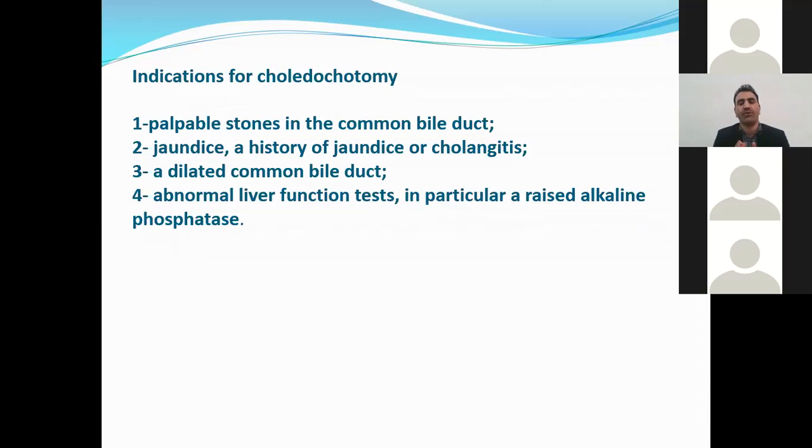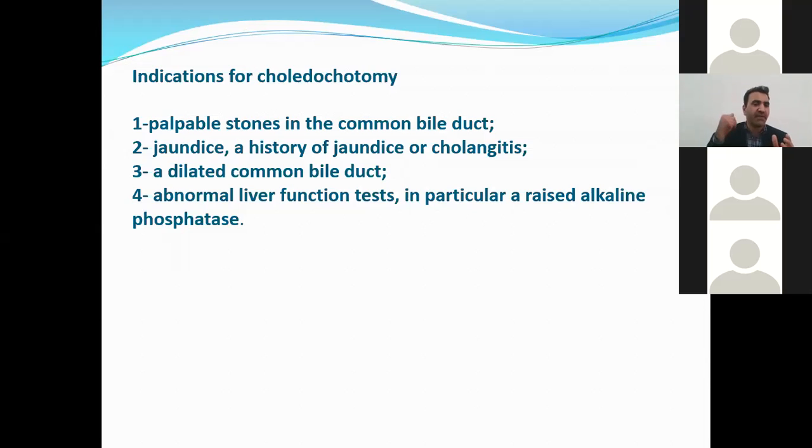Indication of choledochotomy: choledochotomy is opening of the bile duct or exploration of the bile duct during cholecystectomy. It is nowadays very very rare to explore the bile duct because of the availability and wide use of ERCP, endoscopic retrograde cholangiopancreatography, which deals with any abnormalities of the bile duct, so operative choledochotomy is very rare.